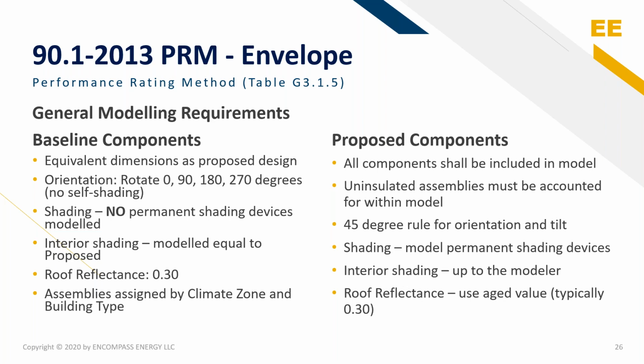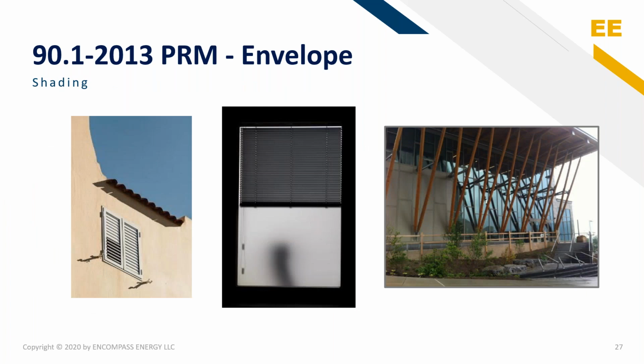The big one on the proposed side is that you must account for your uninsulated assemblies. In the newer version of the standard, there is a thermal bridging component being added in the 2019 version. But it needs to be realistic for what you're actually including. I won't go into much detail, but just some examples of shading: the proposed design can take credit for shading, baseline does not.